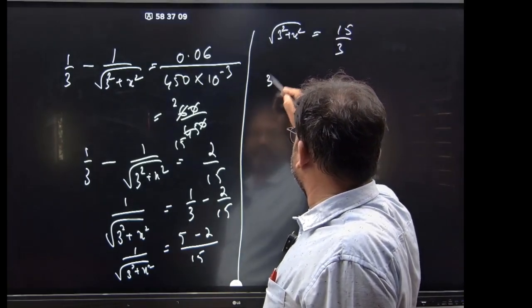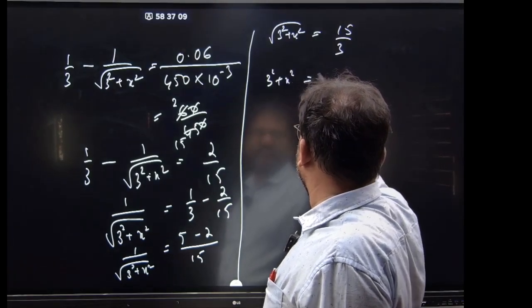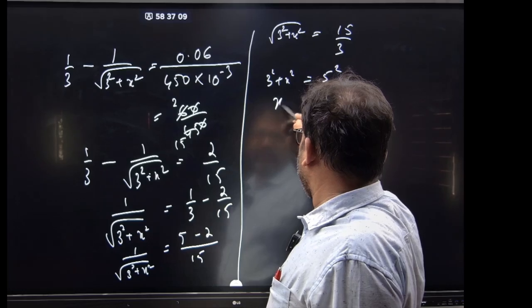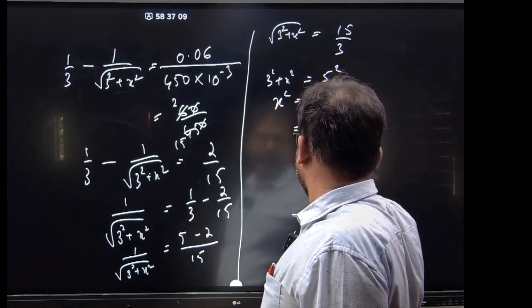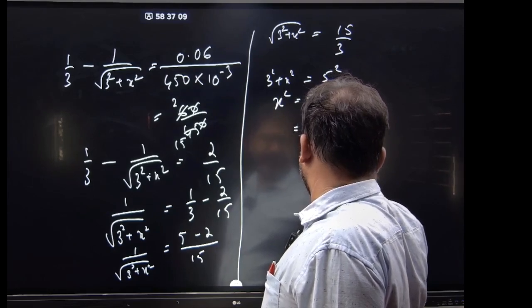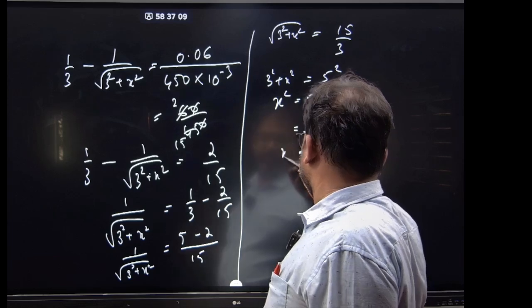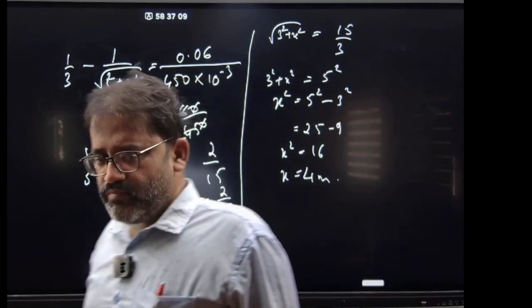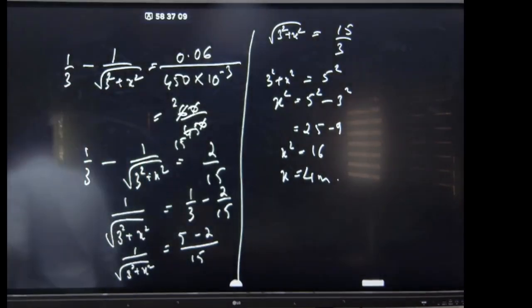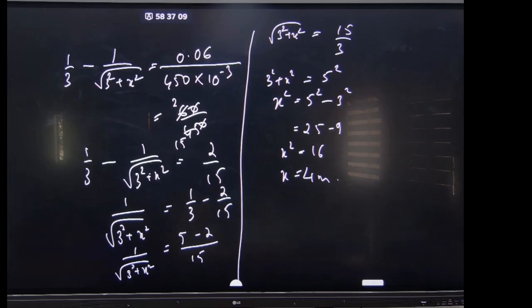That means 3 square plus x square is equal to 5 square. That means x square is equal to 5 square minus 3 square, that is equal to 25 minus 9. X is equal to 4 meter. Take it down. Previous slide. Okay.